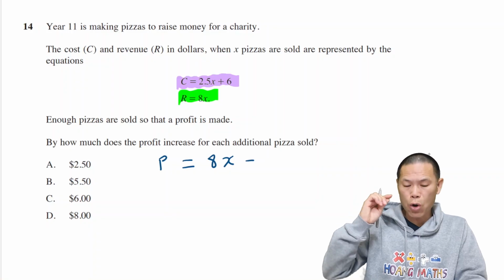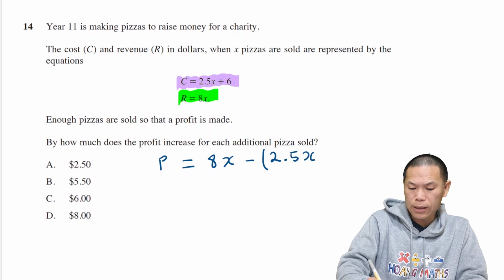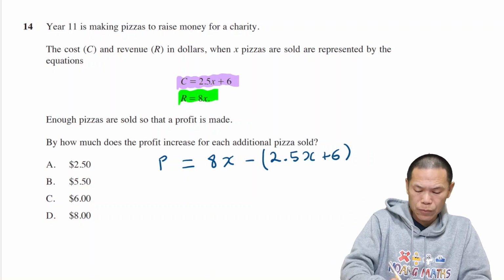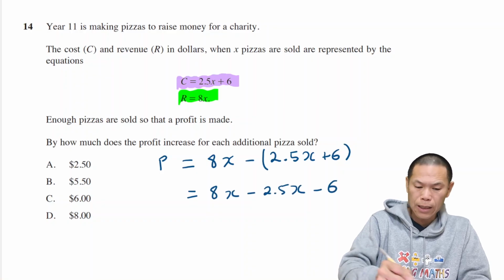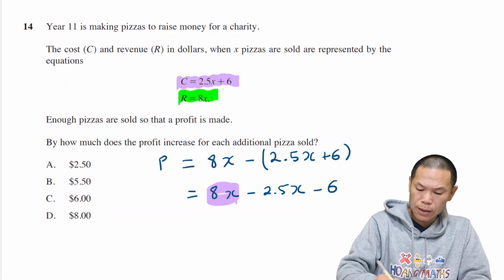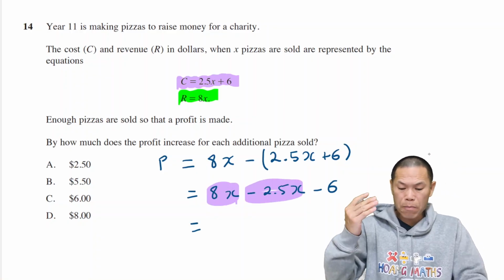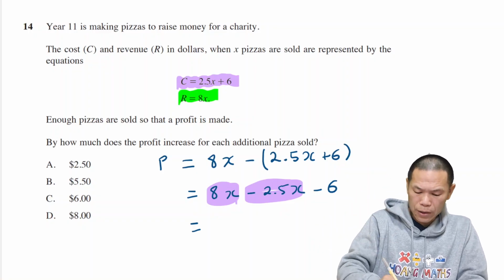So the cost is more than one term, so we need to open and close brackets. 2.5x plus 6. So if I remove the brackets, that should give me 8x minus 2.5x minus 6. So these are like terms. So 8 minus 2.5 gives 5.5.